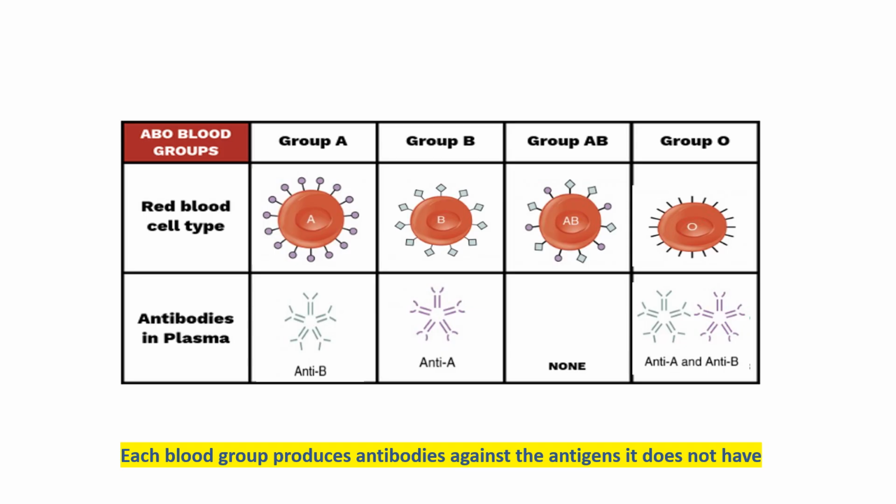For type B, it has B antigens, and so it will produce anti-A antibodies. For type AB, since it has both A and B antigens, it will produce no antibodies. And for type O, since it has no A or B antigens, it can produce both anti-A and anti-B antibodies.